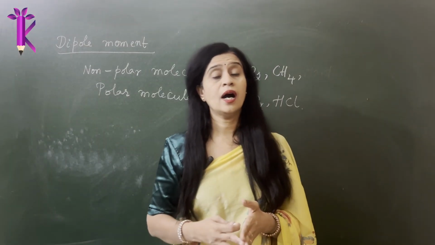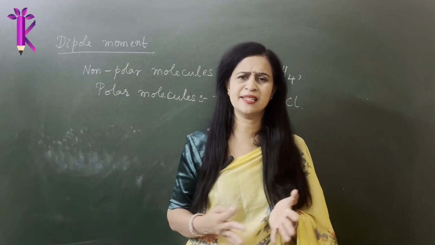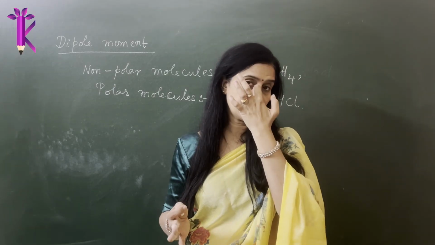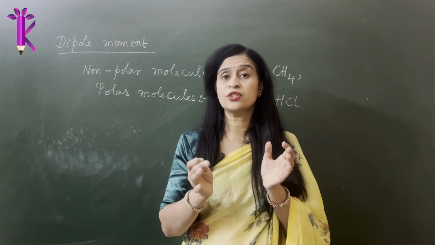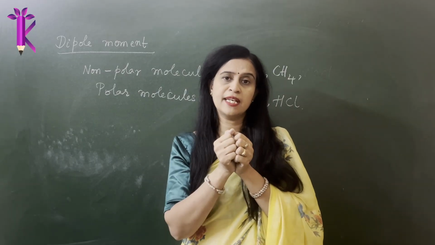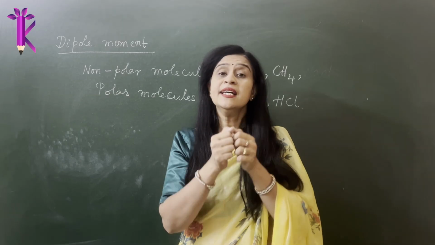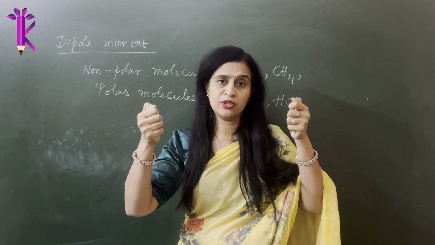Well, now, how do you decide whether a given molecule has a dipole moment or not? It's very clear. You decide whether the given molecule has a dipole moment if the center of the positive charge and the center of the negative charge do not coincide, there is a definite distance of separation between the two charges.